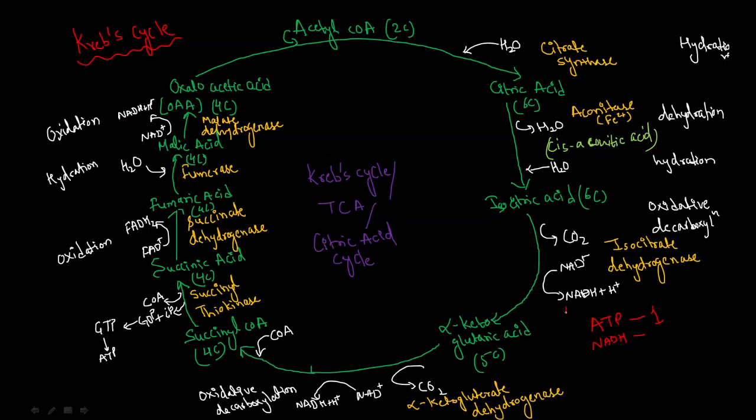So in total 3 molecules of NADH have been formed. Just like that, FADH2 was formed only at one place, so one molecule of FADH2. And sometimes they can ask even about carbon dioxide. So there are 2 decarboxylation steps, so 2 molecules of CO2.